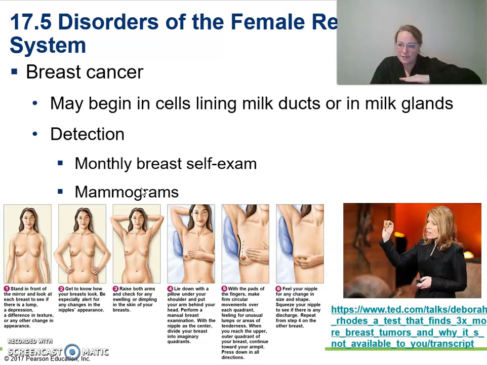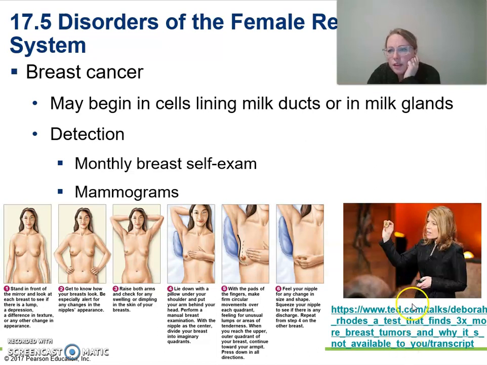And then if they don't see the results they were looking for there, they'll take a sample of it and see what's inside there, or a sonogram to see what it is. So this is Deborah Rhodes. She does a brilliant TED Talk that I might make extra credit.